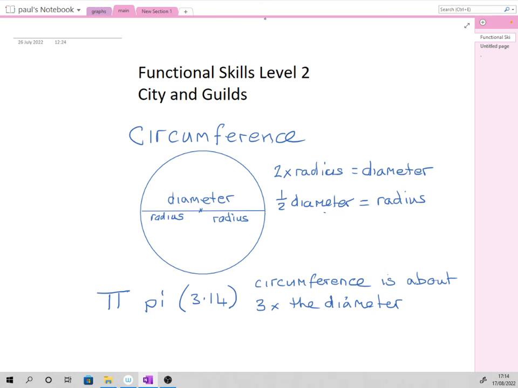So if you think of the diameter as 10 all the way across, the circumference is about 30, 30 and a bit. So all the way around is 3 times what it is across. And it doesn't matter how big or how small the diameter or the circle is.